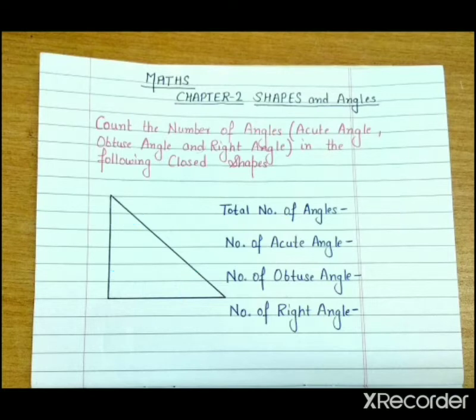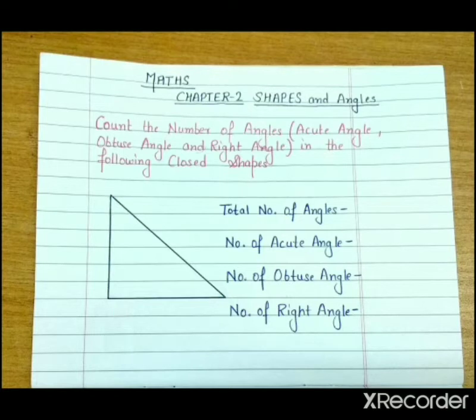Okay, so let's see. This is the baseline, and this line is standing straight on the baseline. So the angle formed is called a right angle. So this angle is a right angle.